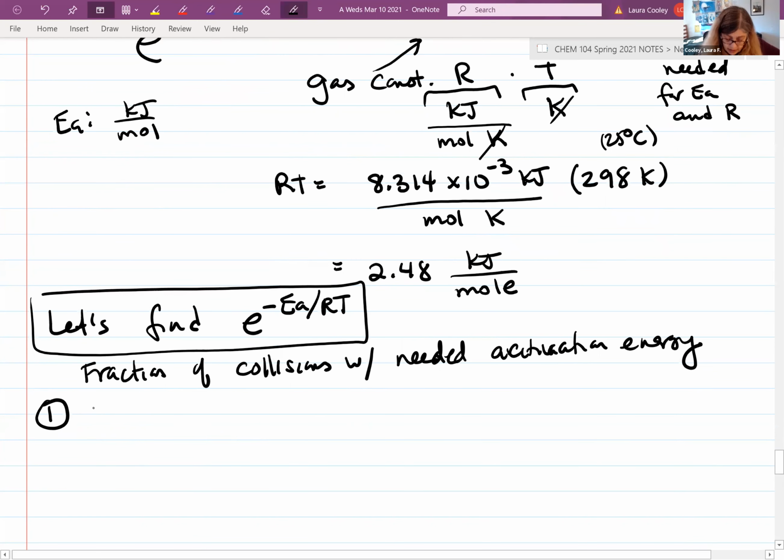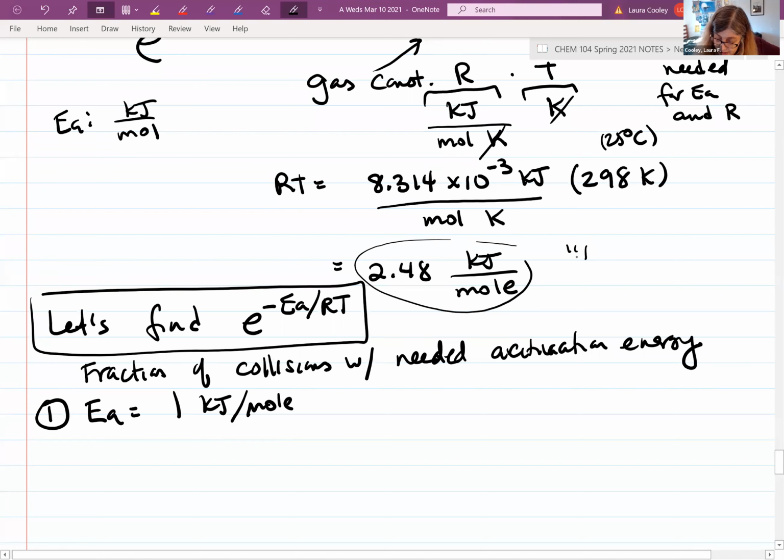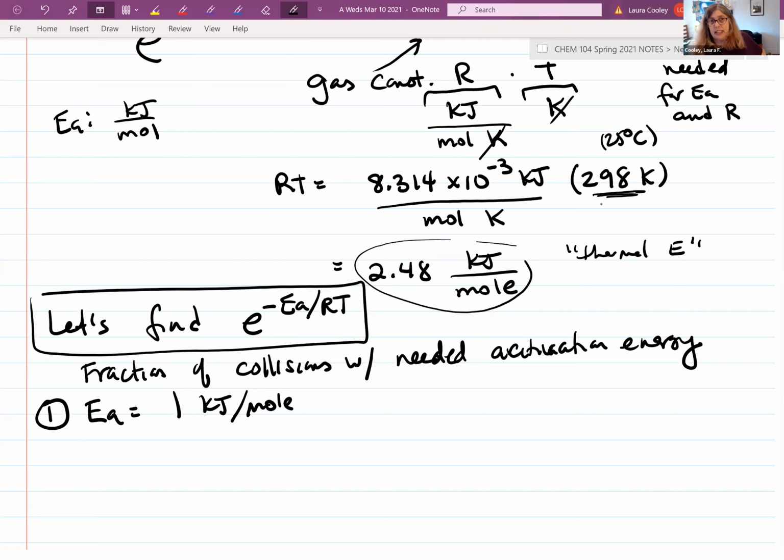Let's do it if EA is 1 kilojoule per mole. If EA is 1 kilojoule per mole, that's a very small activation energy. And this is the thermal energy, right, because it's gotten from using the temperature. So you can see that this is going to go up with temperature, like thermal energy goes up with temperature, like the kinetic energy of molecules goes up with temperature. That's what this is talking about.